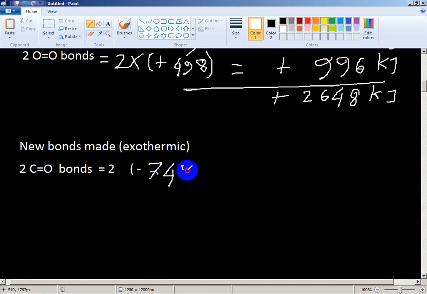And here it should give the multiplication sign. I put this place for multiplication. Okay, so what will be the energy? Multiply this: minus 1486 kilojoule.